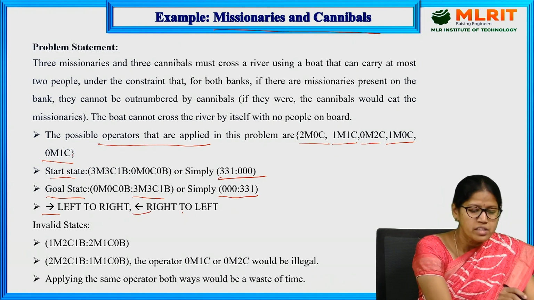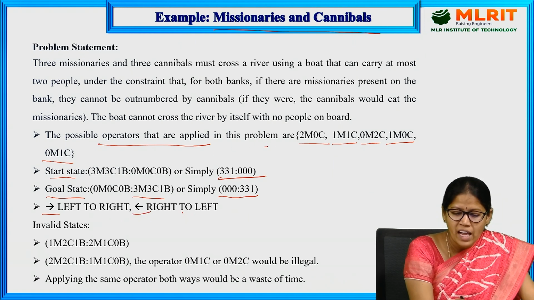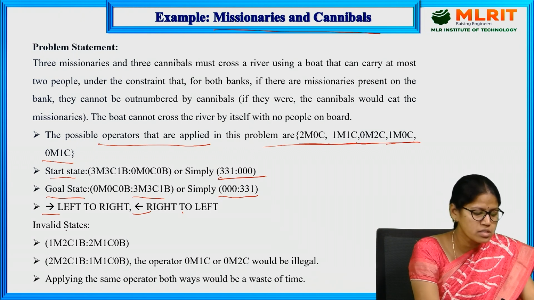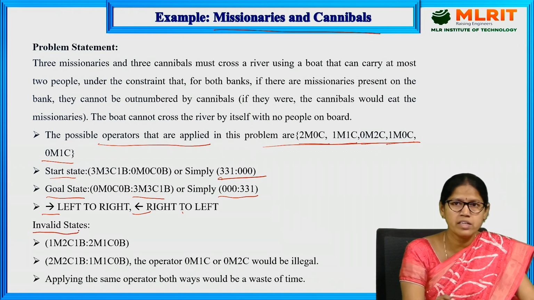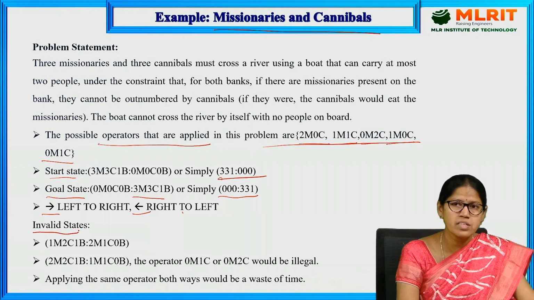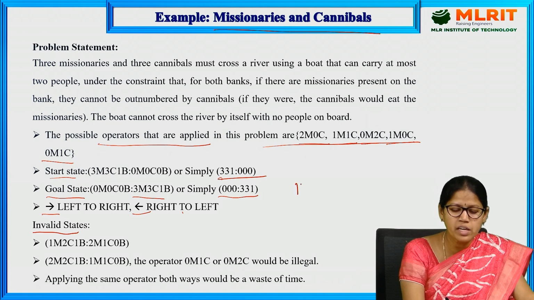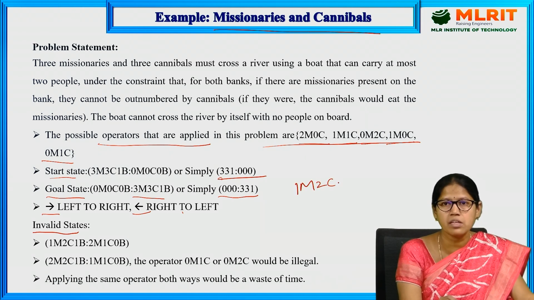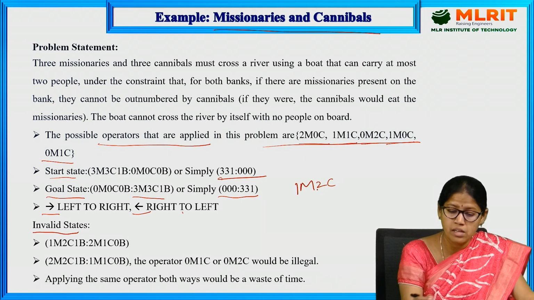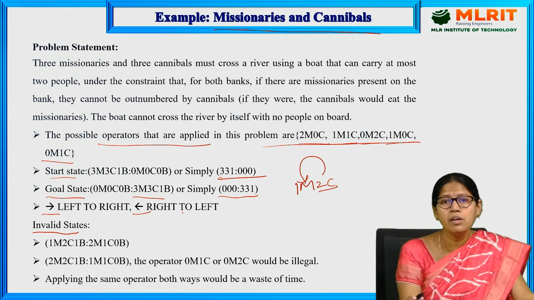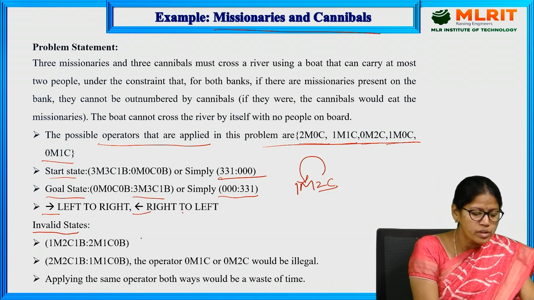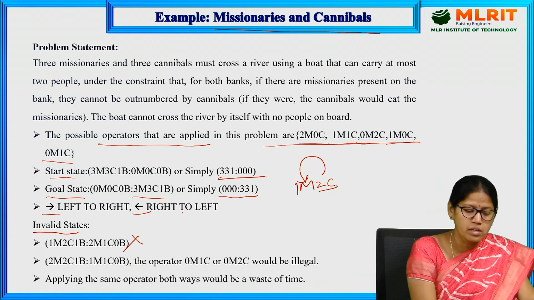These are all valid states that we have discussed, and these are the invalid states. Whenever at the left side or right side there is 1 missionary and 2 cannibals, there is a chance the cannibals will eat the missionary, so we can't use this operator.